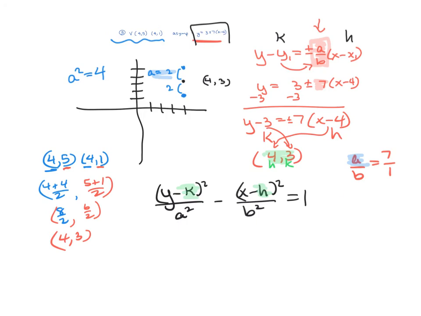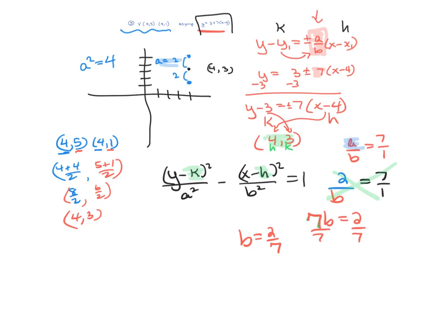So let's put that in there. 2 over b is equal to 7 over 1. I can solve the proportion by multiplying diagonally, and I get 7b equals 2, divide by 7, and b equals 2/7. Remember, we don't want b, we want b squared, so I square, and I get 4 over 49.